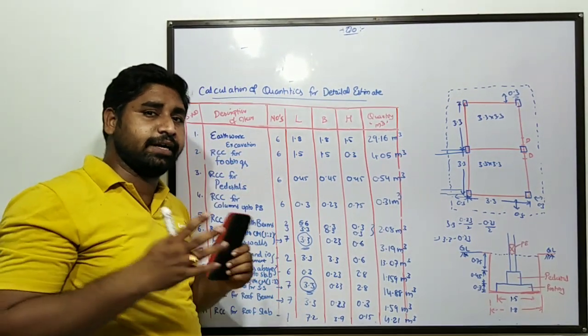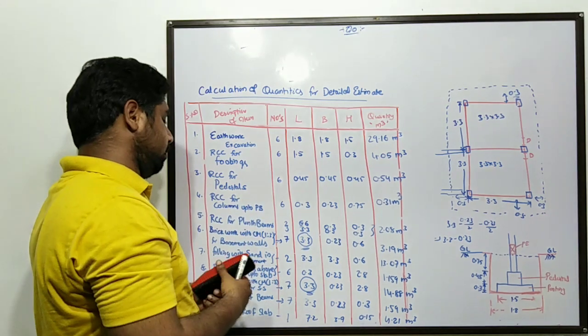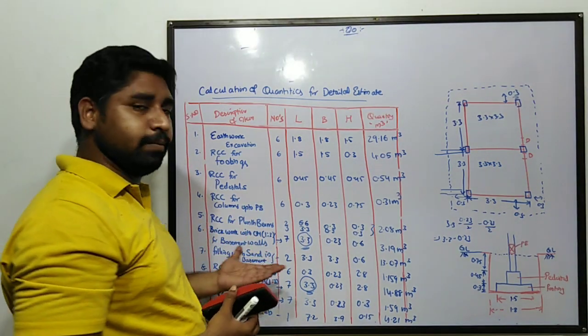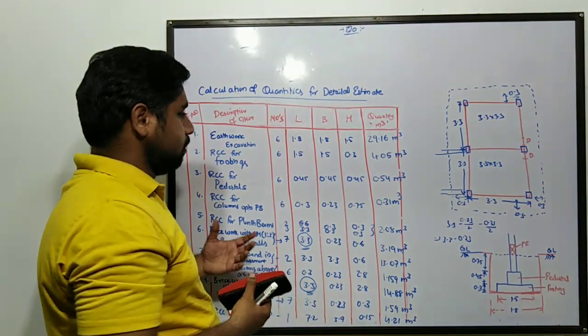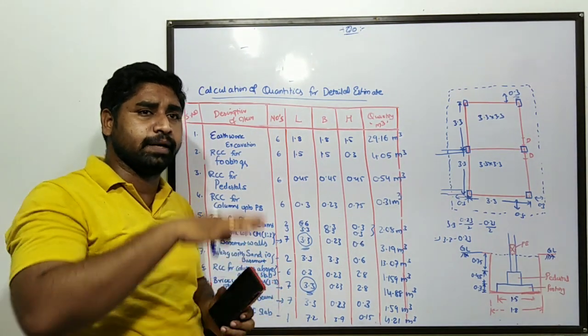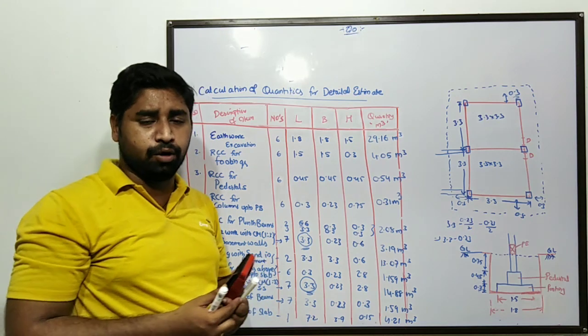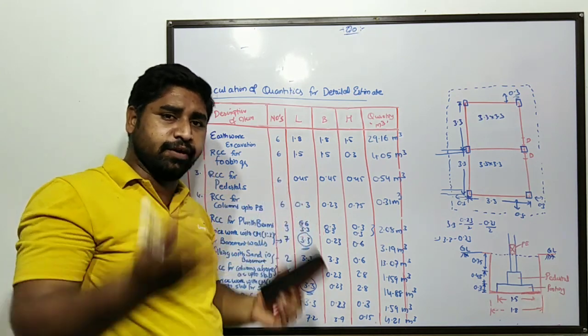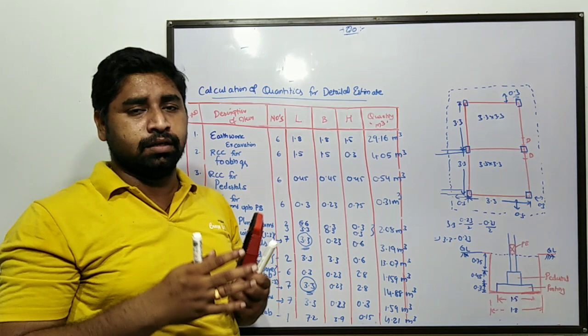So all these we have to deduct in the brickwork. For example, brickwork will have some deductions. Mainly in brickwork only we will be getting these deductions. Why? Because we will not be constructing brickwork for door openings, right? Similarly, for window openings also there will be no brickwork construction.